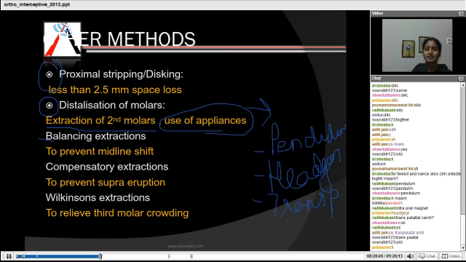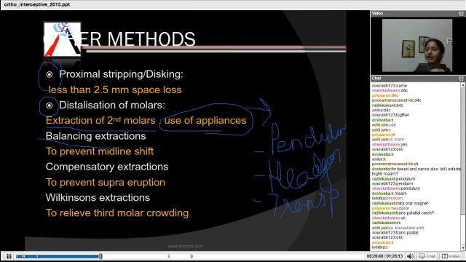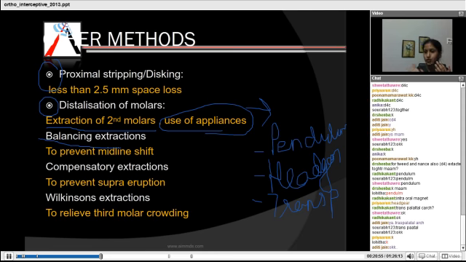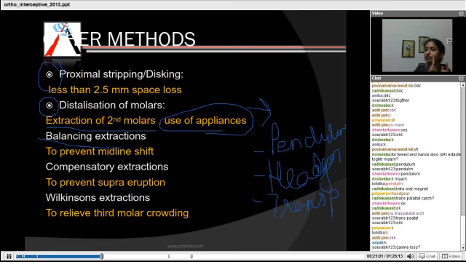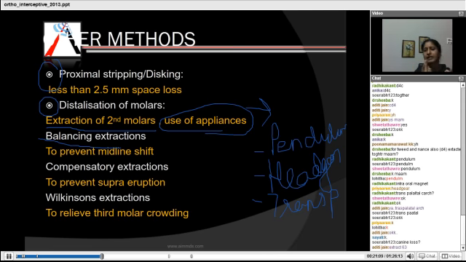Okay, next is balancing extractions. Now if a question says that there is no crowding, there is not much space loss also, but 5-3 is lost, there is a small midline shift.